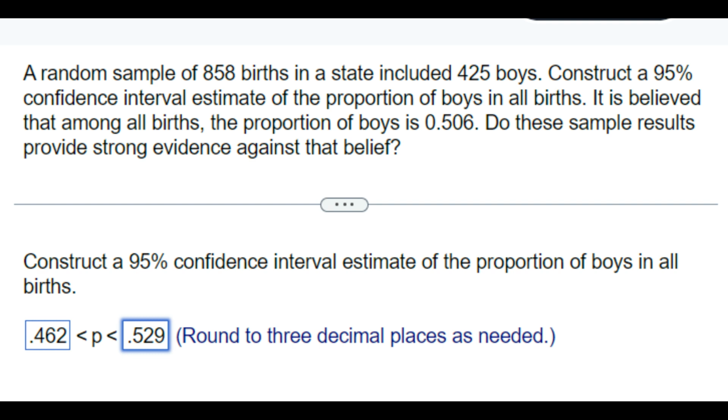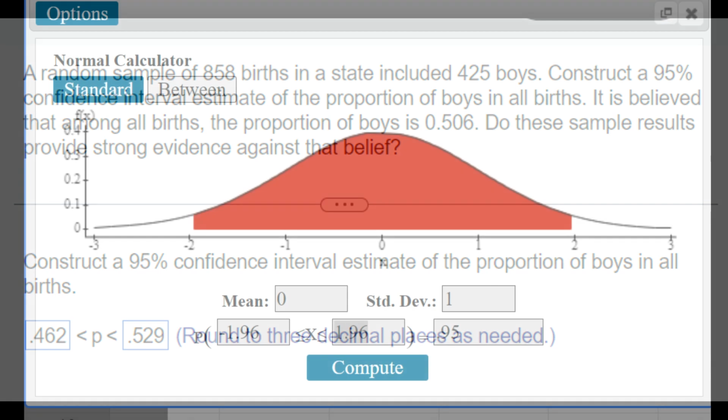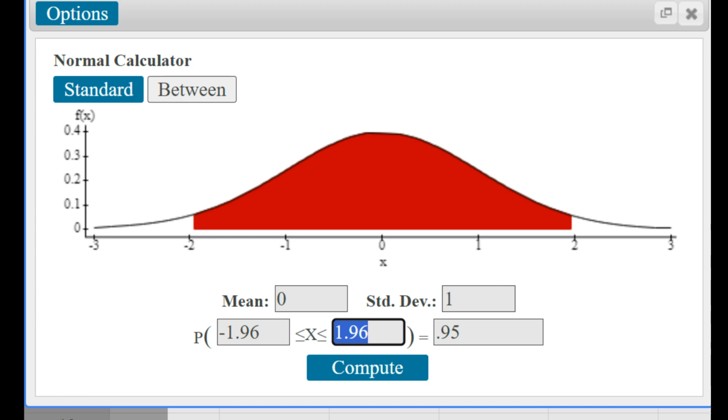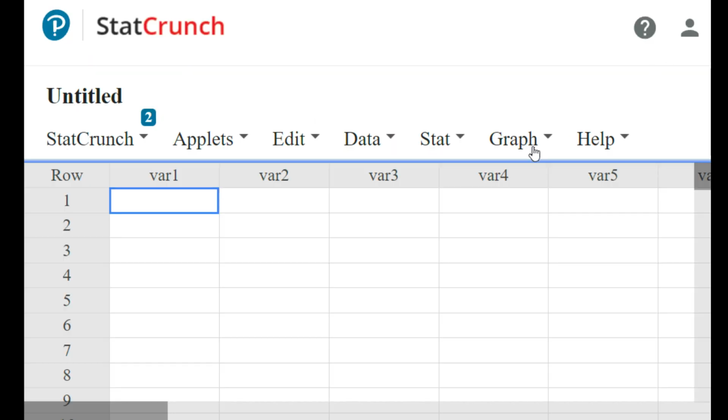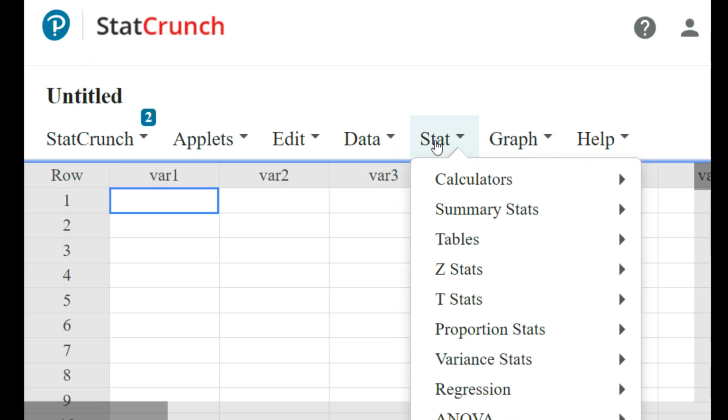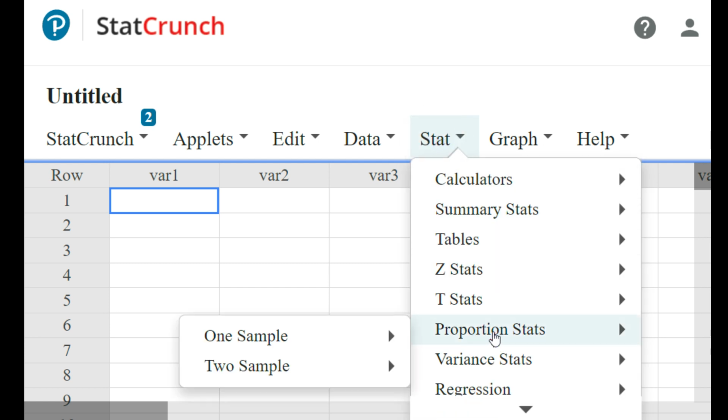Let's use StatCrunch now just to double check that we've done everything correctly. To find the two numbers that go in these boxes with StatCrunch, here is how you can get it done. So I'll close this, and if I come over here to Stat, Proportion Stats, remember this is a confidence interval about a proportion.